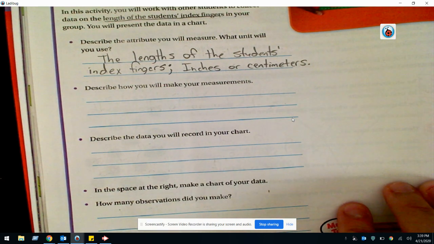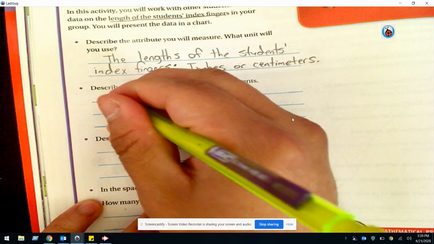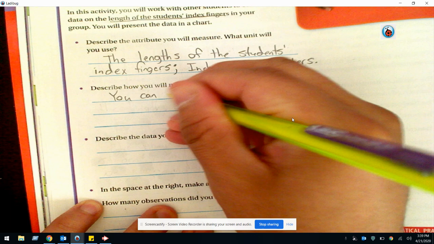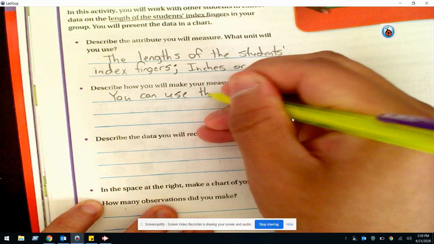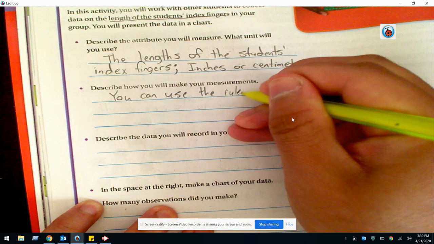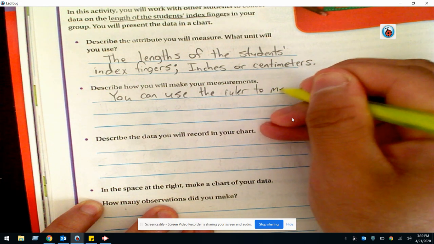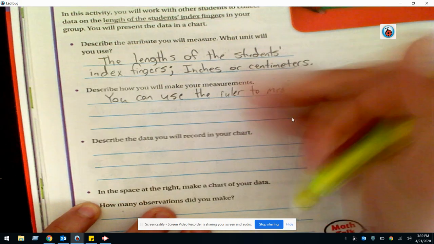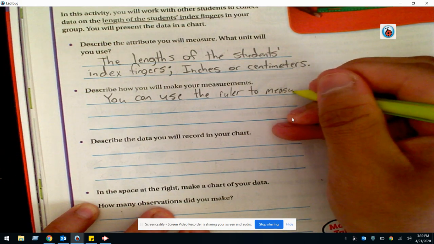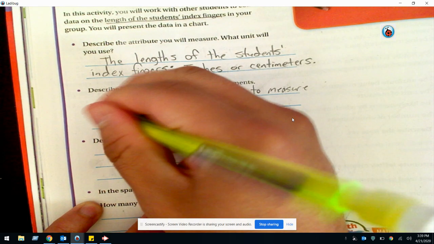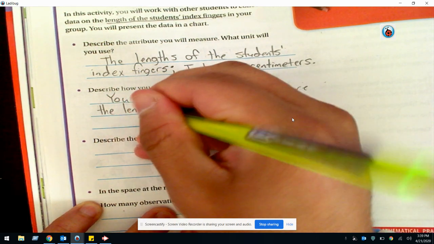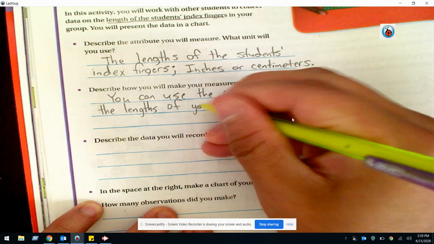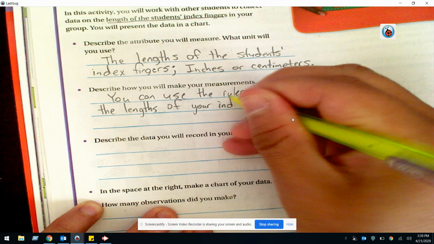Well, because we are given a ruler in this activity, you can use the ruler to measure the lengths of your index fingers.